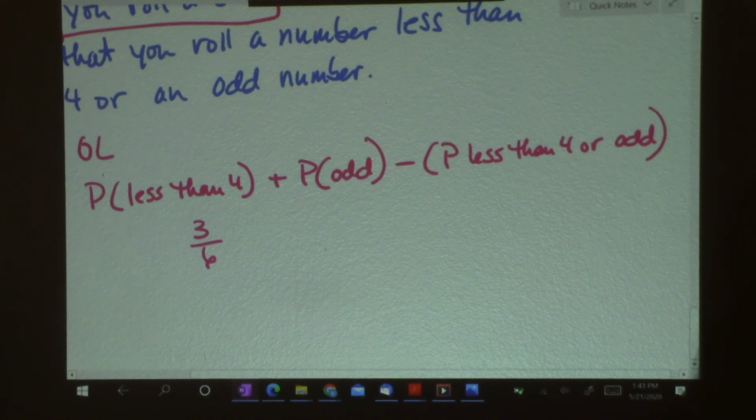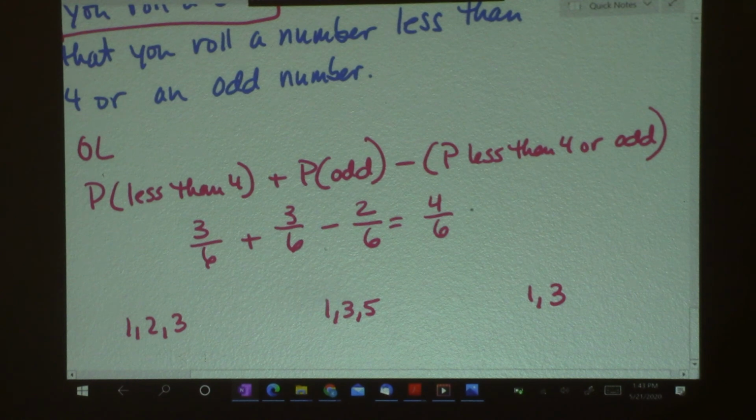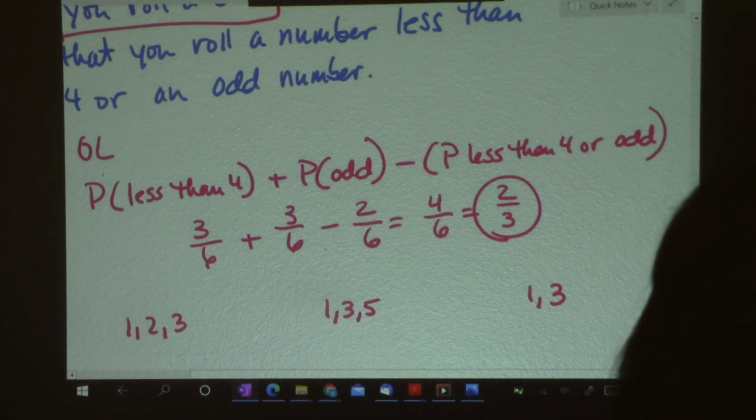Probability of odd is 1, 3, 5. So less than 4 is 1, 2, or 3. Odd is 1, 3, and 5. So that's going to be 3/6. And then the probability of less than 4 or odd, well, that would be 1 and 3. So I have 2 possibilities there. So I'm going to subtract that. So I end up with 4/6, which is 2/3. Okay.